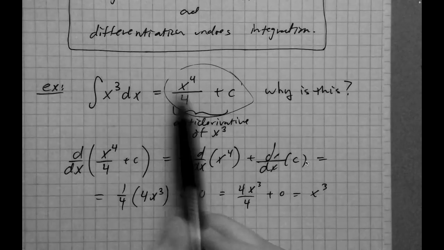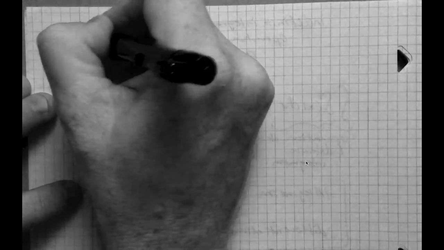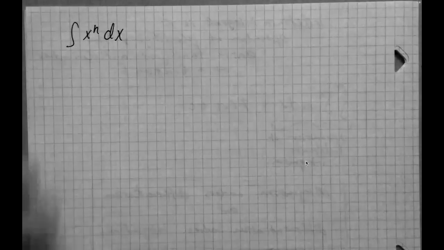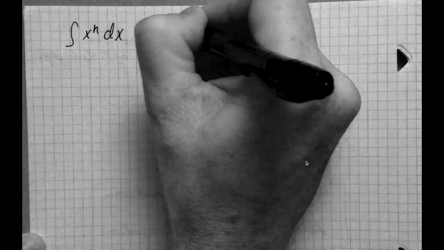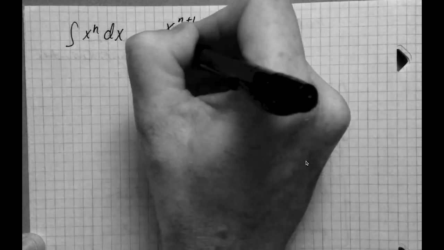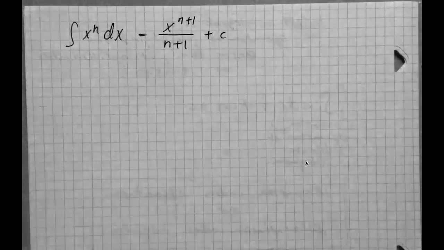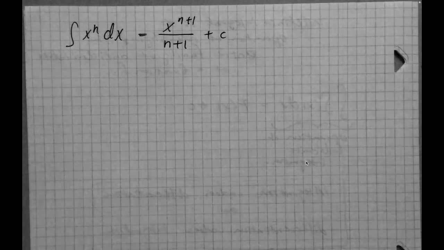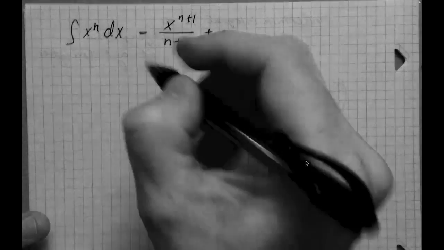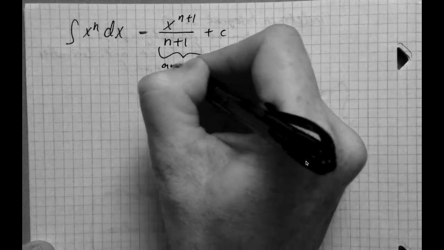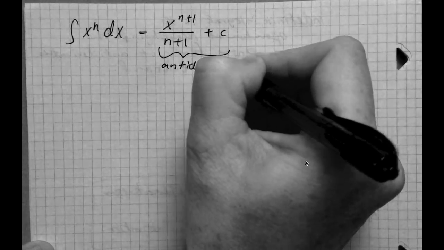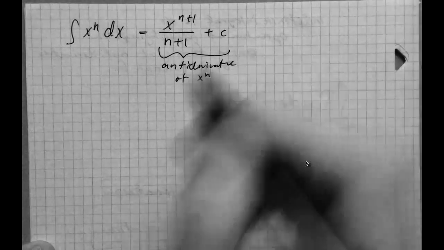But this formula can be generalized easily, right? We could take the more general statement and say the integral of x to the n dx is equal to x to the n plus 1 over n plus 1 plus some constant of integration, for the exact same reasons, and that being that this is an antiderivative of x to the n, right?